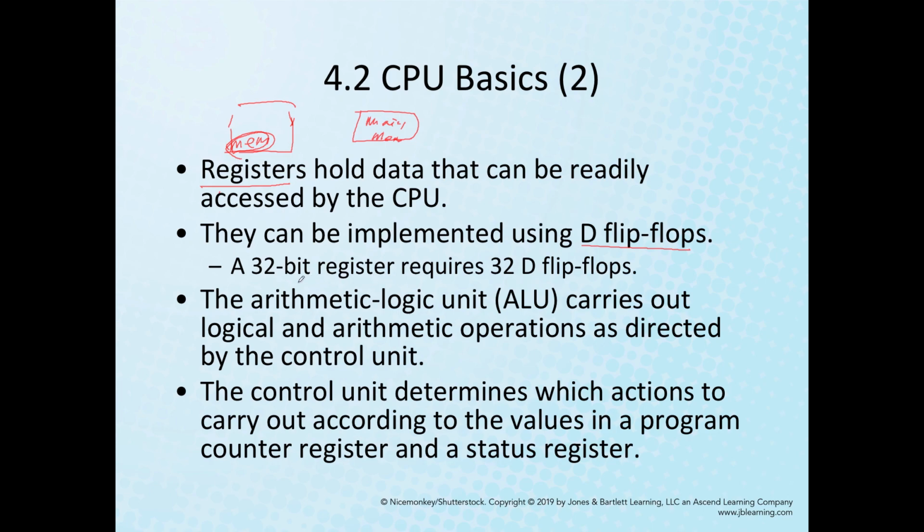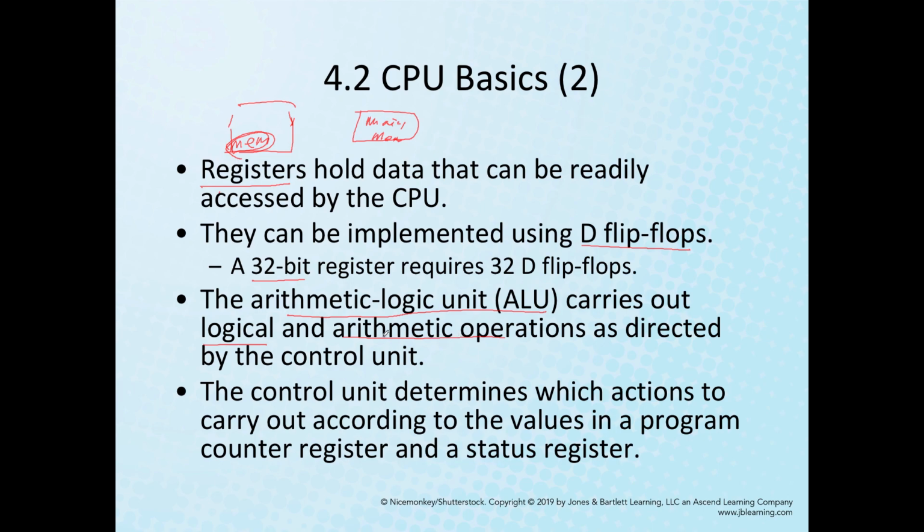And if you need 32 bits, then you need 32 D flip-flops in parallel together. The arithmetic and logic unit carries out any logical operation, comparison, AND, OR and the like, and arithmetic operations, addition, subtraction, and some advanced CPUs could do more than those.